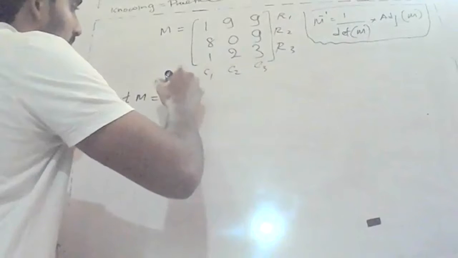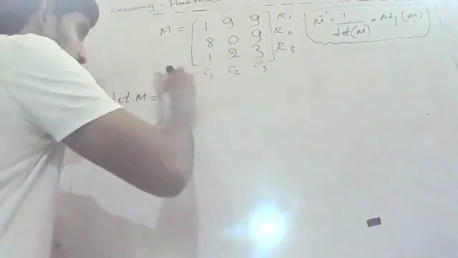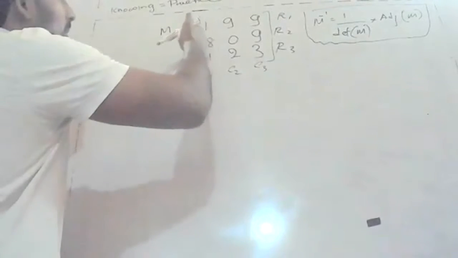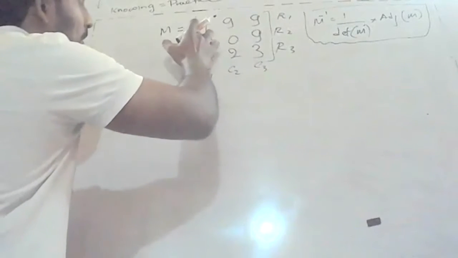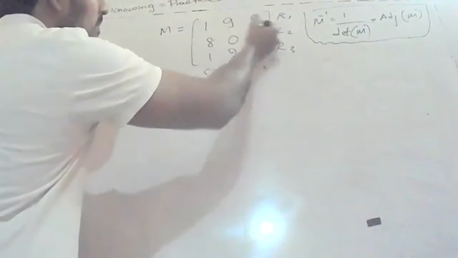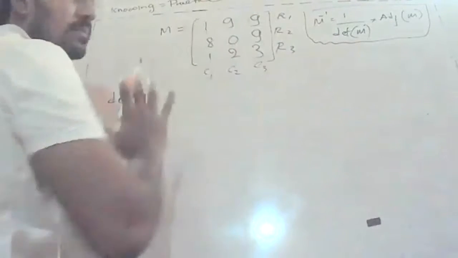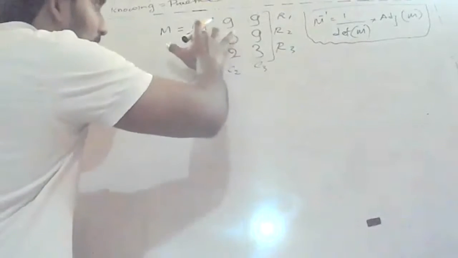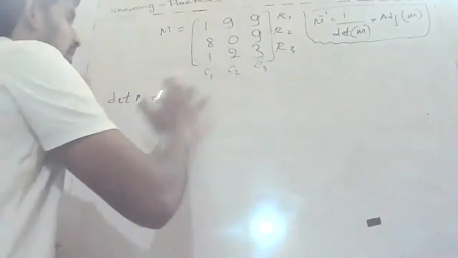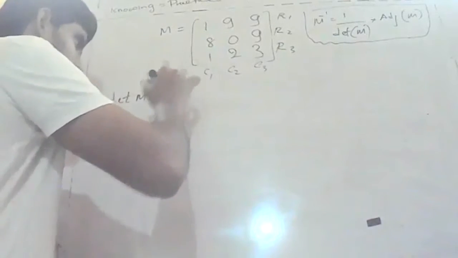1 times 1 multiplied by, now from where did we get this 1? We got it from the first row, first column. What is the first row, first column? That is 1. So 1 times, what is the sign? Positive 1.